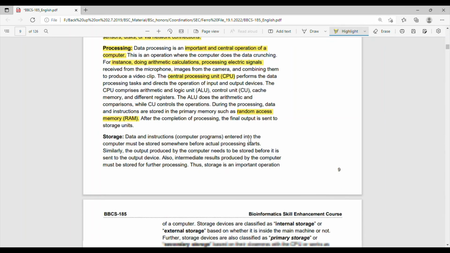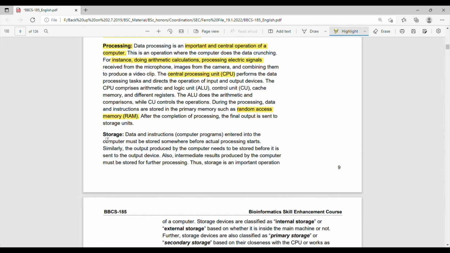Next, moving to the next part of computer operations, called storage. Storage is useful to store the data and instructions. Many of you might be using smartphones these days, and generally when you buy a smartphone, you look for the camera, the RAM, the speed, and at the same time you look into the storage capacity of the phone.